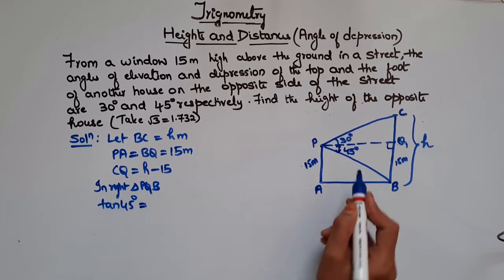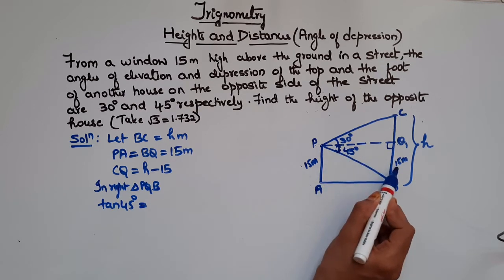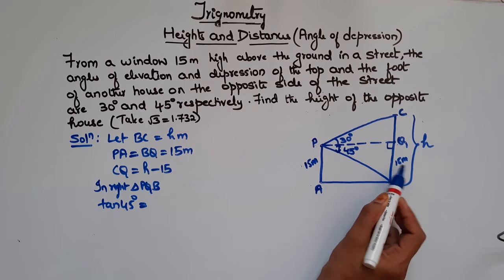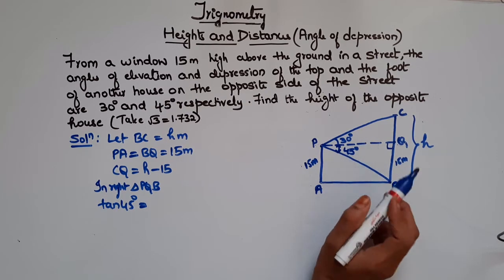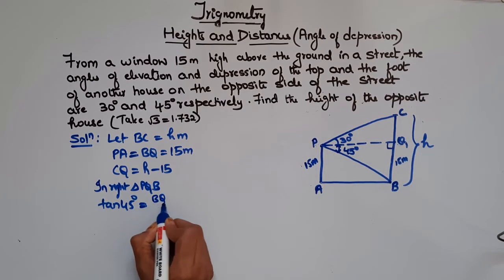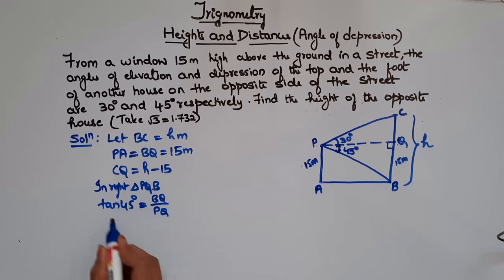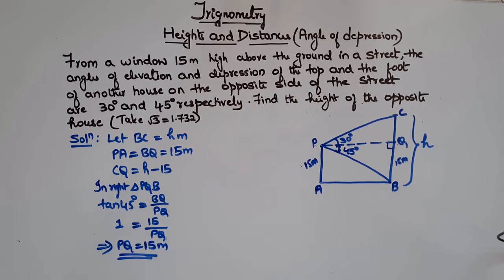So tan 45 degree is, this is the angle, opposite to this angle is this side. So this is your opposite side. So tan 45 is opposite by adjacent. So BQ by PQ, right? We know tan 45 is 1, which is equal to BQ. We know BQ is 15 by PQ, which implies PQ is equal to 15 meters, right?